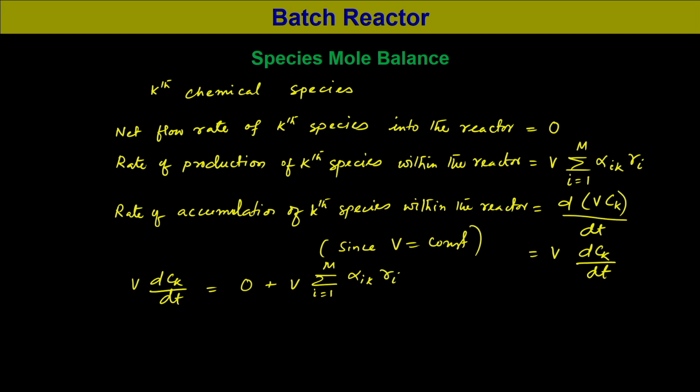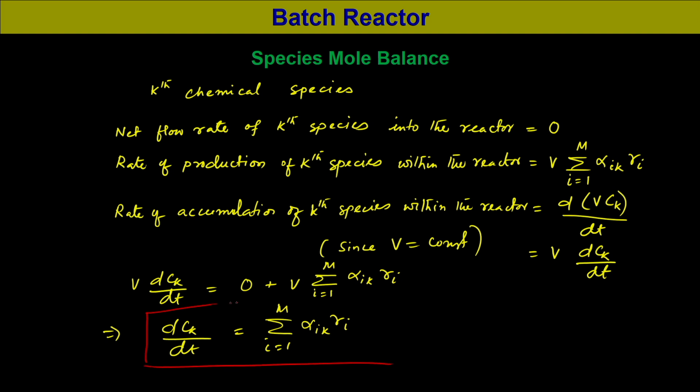V cancels out, and we get dCk/dt equal to the summation over i equal to 1 to m of alpha i k r i. This is the familiar batch reactor species balance equation, or batch reactor rate equation.